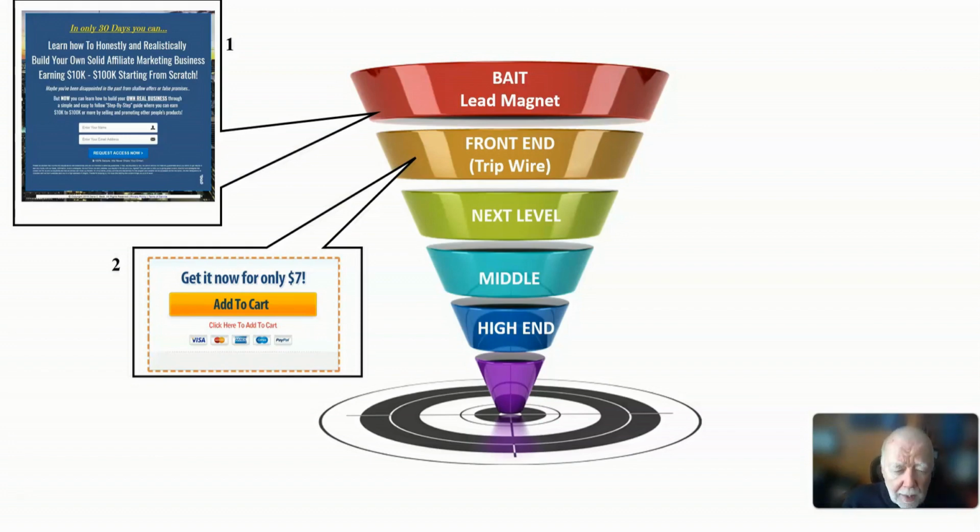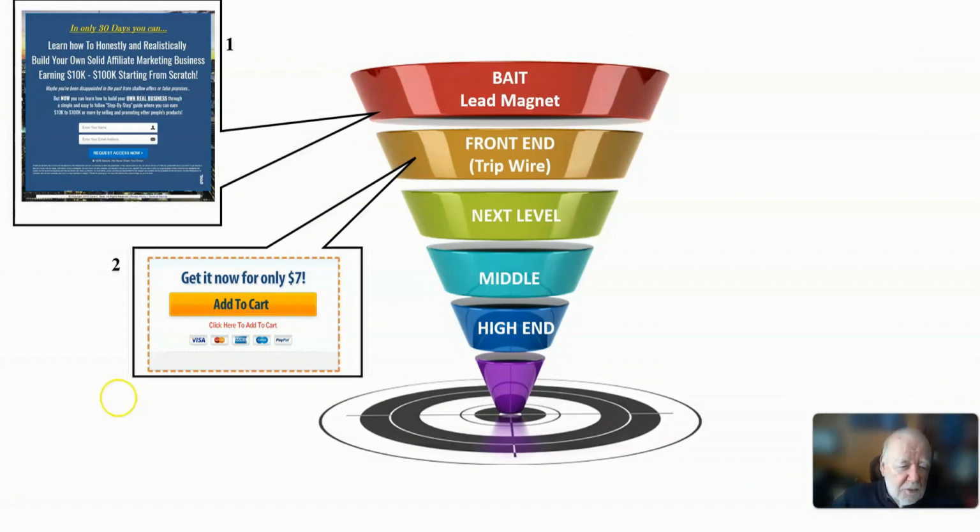And again, this is the next step in a typical funnel. It's usually anywhere between $5 to $10. Sometimes I've seen your first front end as much as $20, but I would definitely keep it $20 or less. You want it at a low cost.